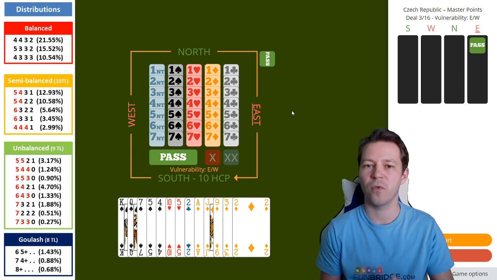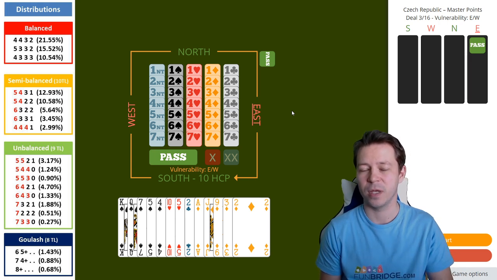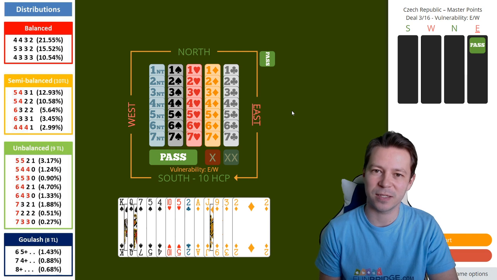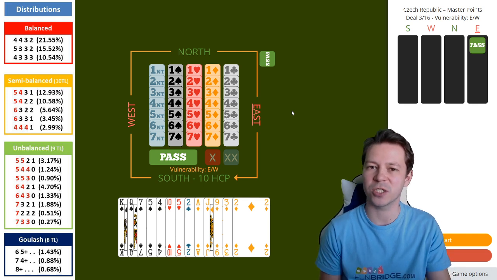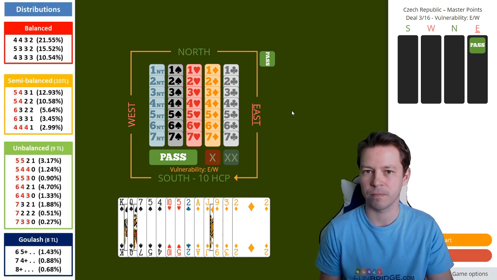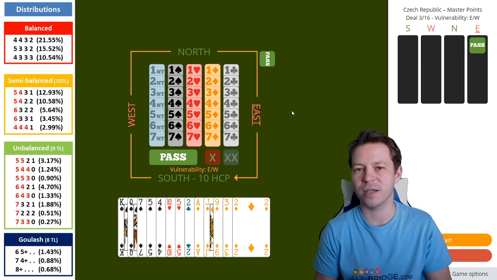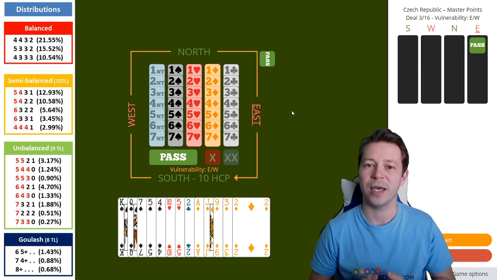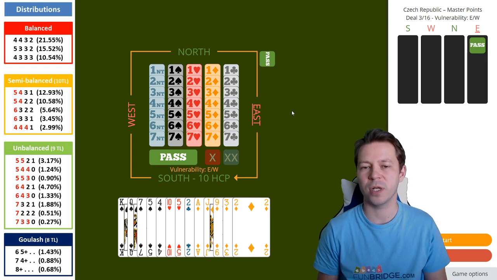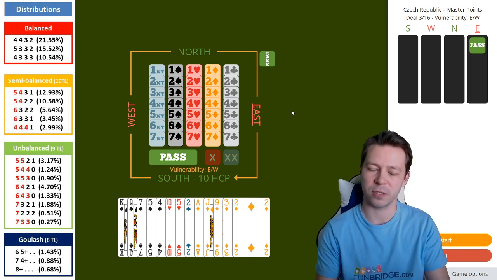And if we move to the next level, then it's unbalanced hands. With unbalanced hands, the description is that you have either 7 cards in 1 suit or 10 cards in 2 suits. And why these hands are extremely important to know how to evaluate is that when they come, usually the bidding goes to the higher levels.